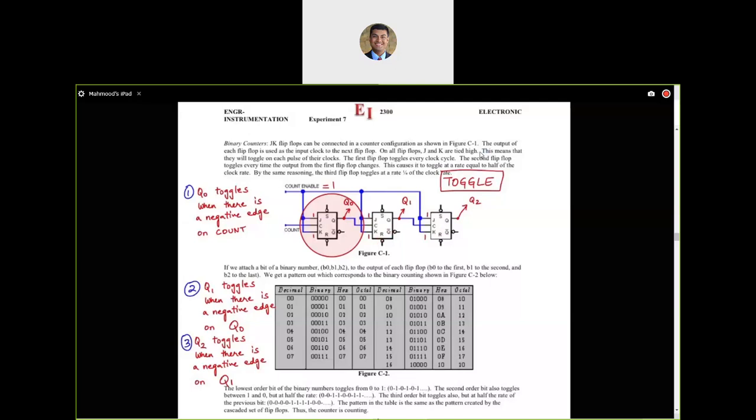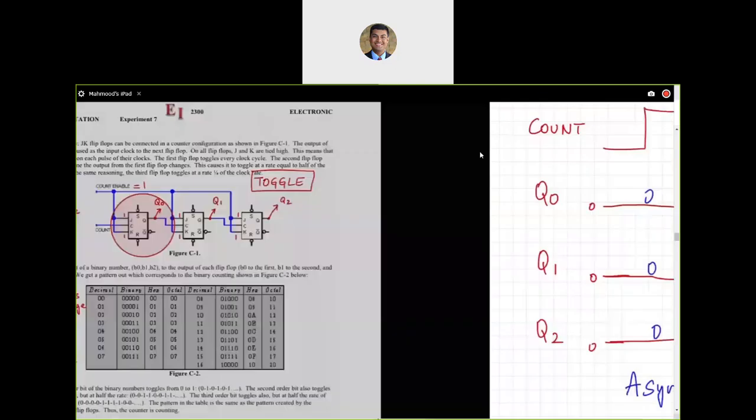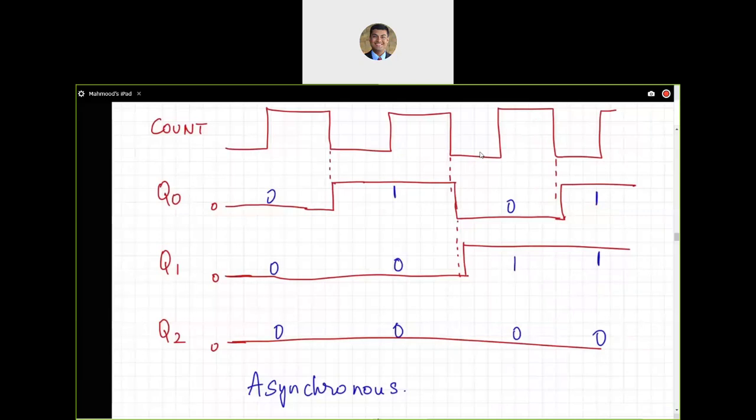And this particular delay problem could lead to what we call transient counts. What does transient counts mean?